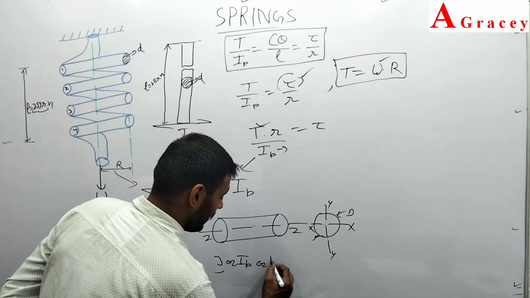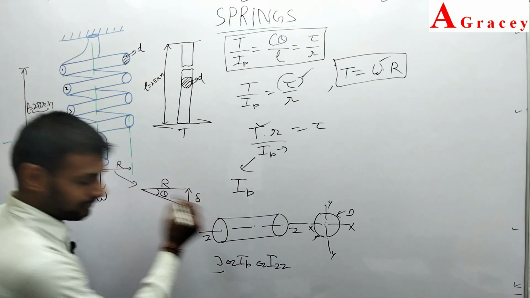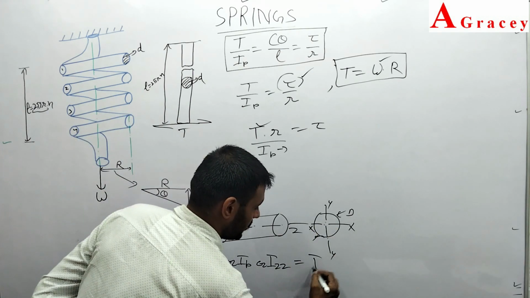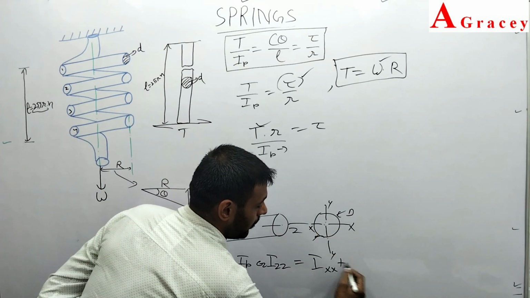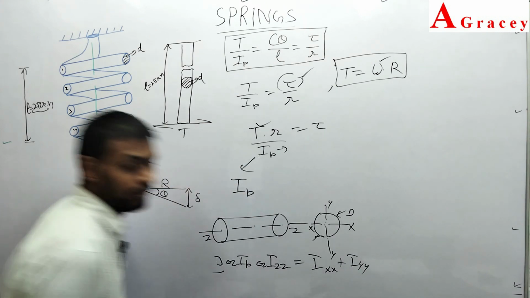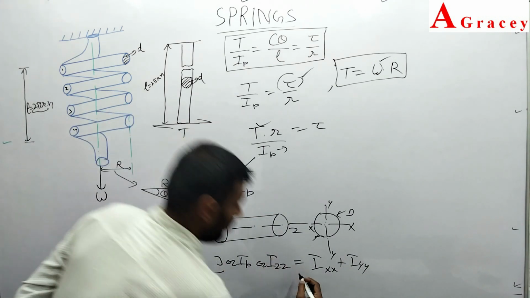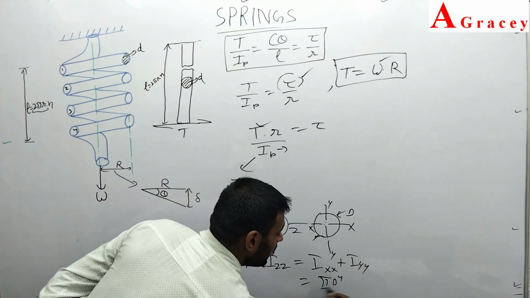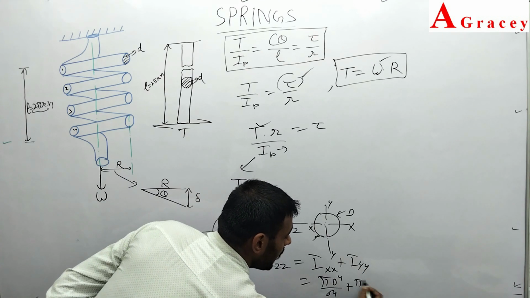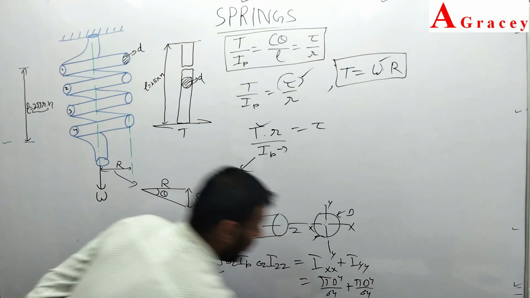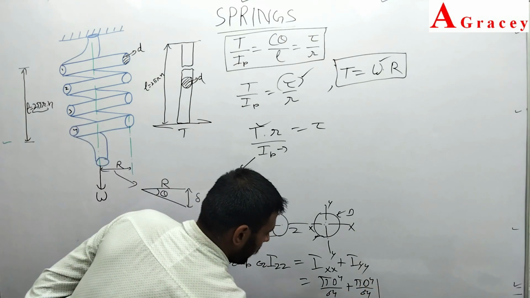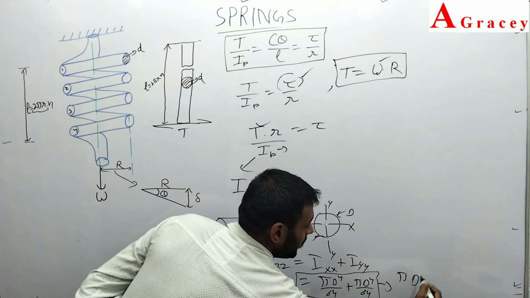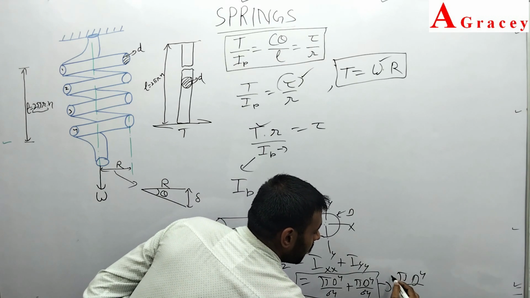So IP along the Z axis is equal to the summation of inertia generated in the x-axis plus inertia generated in the y-axis. So if I take this value, Ix is pi d to the power 4 divided by 64 plus pi d to the power 4 divided by 64. If I solve these two, we obtain pi d to the power 4 divided by 64 twice, that is, pi d to the power 4 divided by 32.